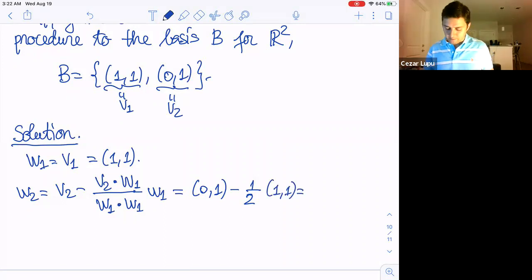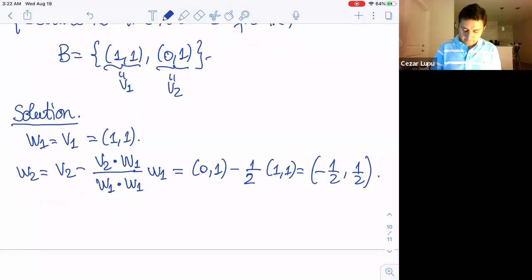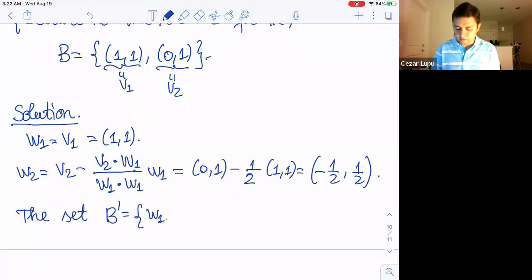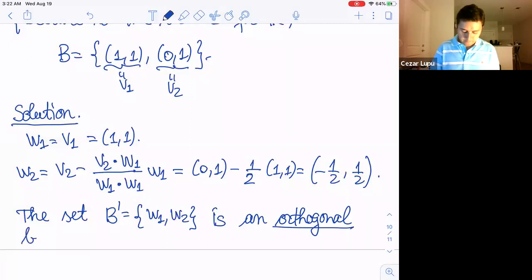So this will give us the vector negative 1/2, 1/2. Great. Now the set B prime, which consists of these vectors W1 and W2, is an orthogonal basis for R2.